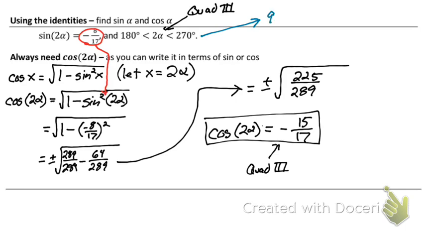So if I divide everything by 2, we're going to have 90 degrees is less than alpha is less than 135. That is in quadrant 2. So anytime I'm dealing with alpha, we're going to be in quadrant 2.